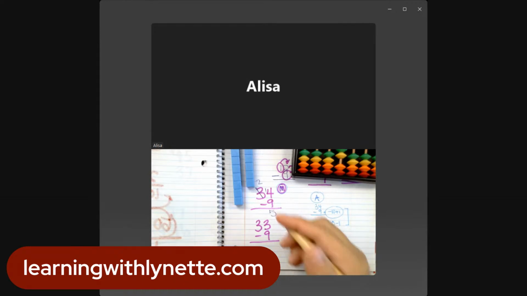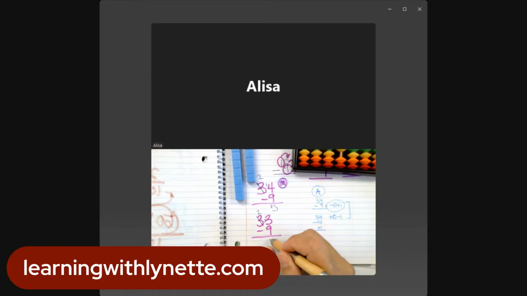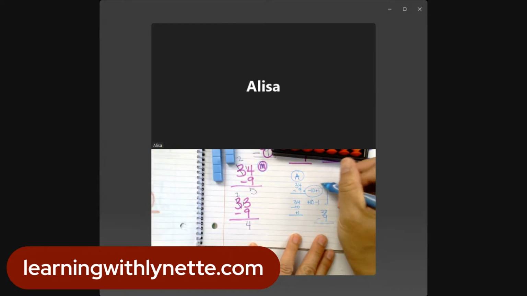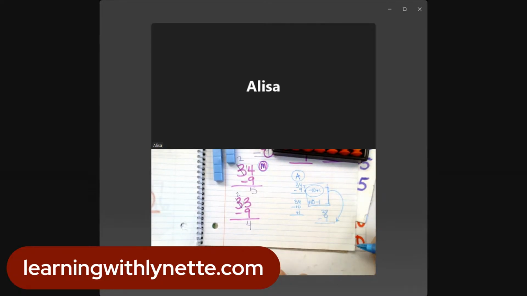We have to take away the 10 from here, but now we need to know 13. 13 minus 9 is what? We have to remember that 4 is equal to 13. But here we go back. 33 minus 9 is what? We know this concept. We do it again.